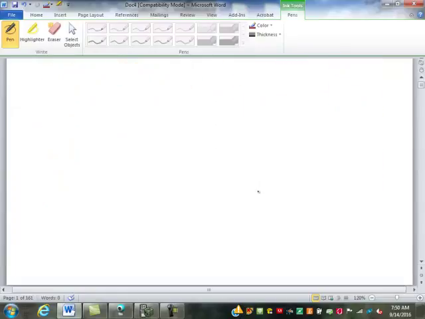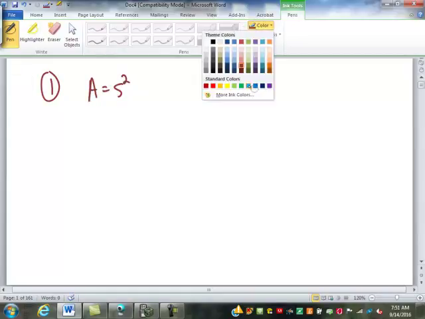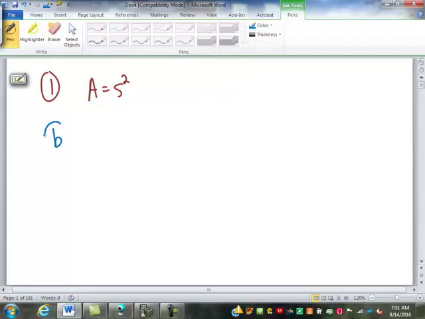Okay, on the homework, you guys had some problems on roots and powers on 121. I just want to do one of each of those quick. For problem number 1, you're given the length of the side of a square and you want to find its area. The formula they give you is that the area is equal to the side squared. So for number 1, I'm going to do part B. The length of your side is 0.325 centimeters.